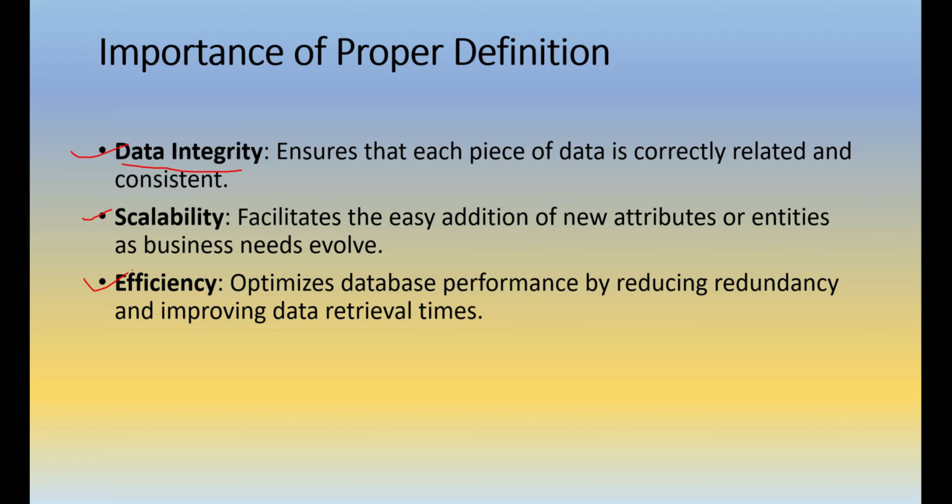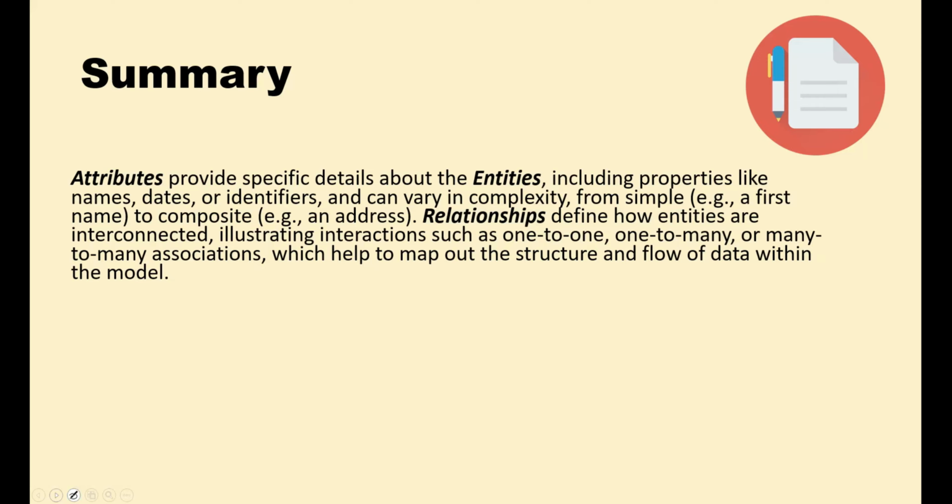So if you have proper relationships in place, proper partitioning, and proper normalization, which we will explain in detail in coming videos, these things will bring efficiency for the overall project or product.